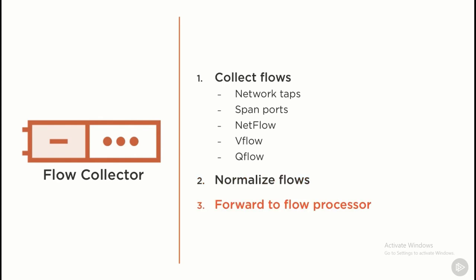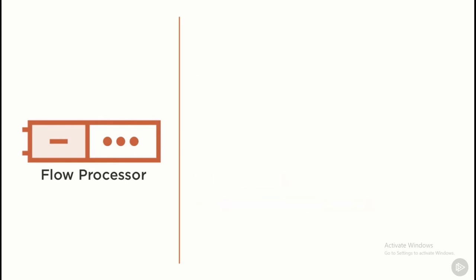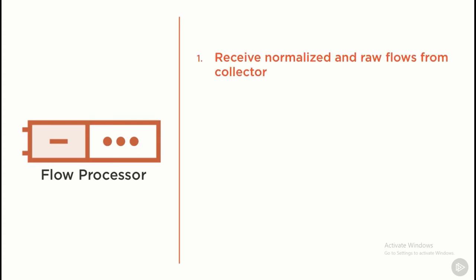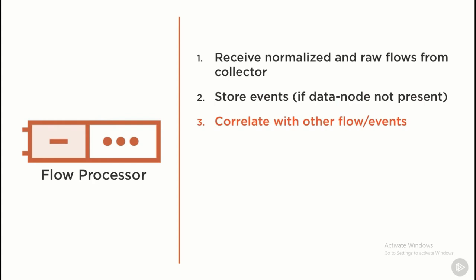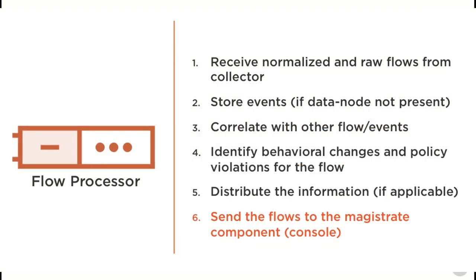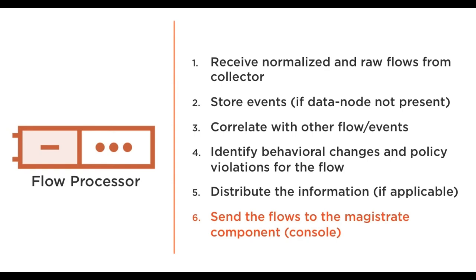That done, the collector forwards the data to the flow processor. The flow processor does basically the same thing as the event processor: receive normalized and raw flows from the collector, store flows if a data node is not present, correlate with other flow events, identify behavior change and policy violation for the flow, distribute the information if applicable, and send flows to the magistrate component on the console.